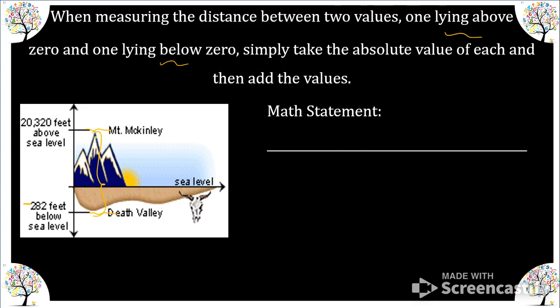So we're going to go from Mount McKinley down to ground zero and then continue down to Death Valley. My statement is going to look like this. So the distance from Mount McKinley to ground zero, and then the distance Death Valley up to ground zero.